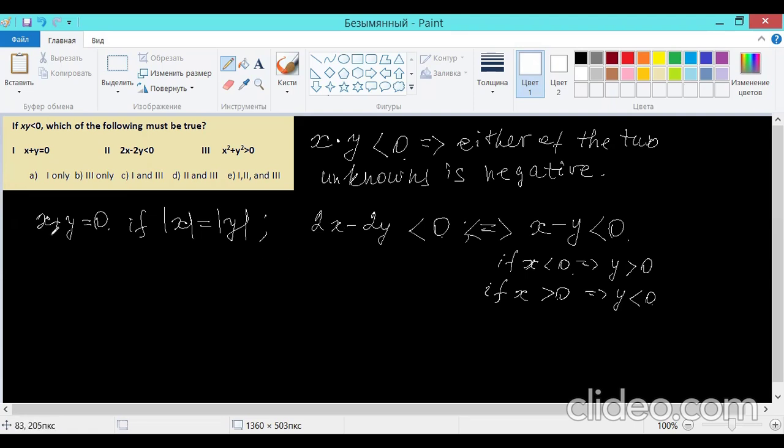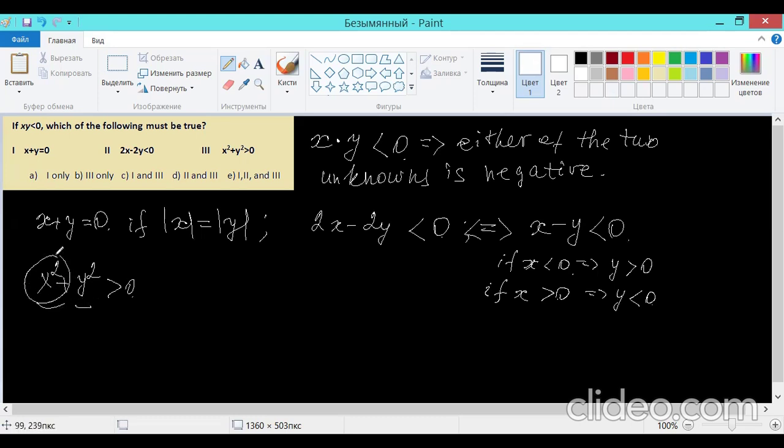Let's take a look at the third one. X squared plus y squared. It is very clear, as clear as day, that any squared number, regardless of whether it is negative or positive, when its value is squared, always results in something positive, right? And here we've got it.